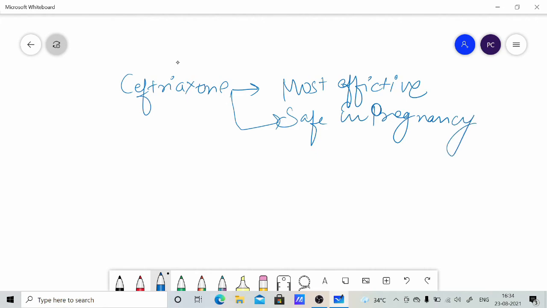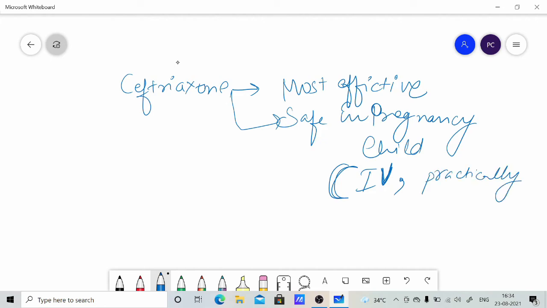But one limitation is that it has to be given IV. It is an injectable drug, so practically it is not possible to give IV regularly for prophylaxis.